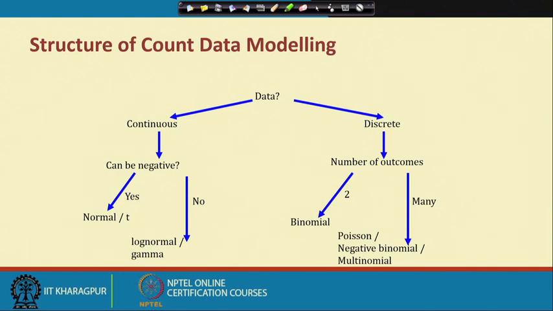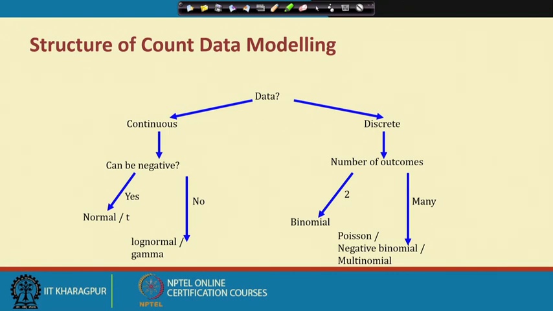In the last couple of lectures, we have discussed various models relating to data structure, starting with time series models, then cross sectional models, then panel data models, and then count data models. In the count data models, we specifically highlighted some of the structure with respect to data types.